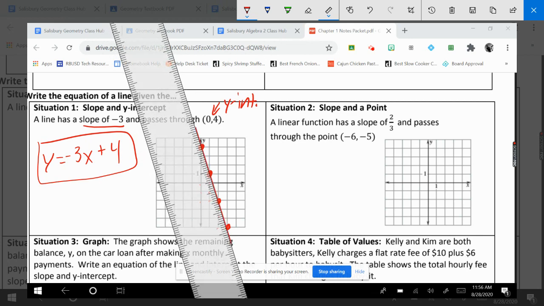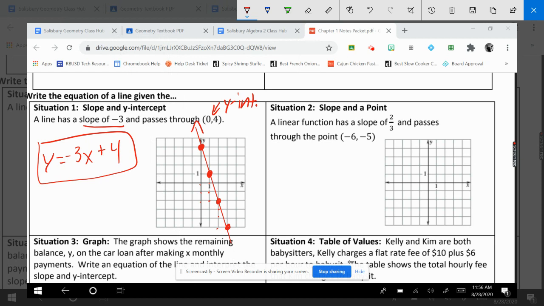And I can make a nice straight line through my points. Remember from geometry, lines have arrows. That means they go on forever. If you don't include arrows, it's just a line segment. Okay, so that's slope-intercept form. That's probably the most comfortable and familiar that we're all used to here.